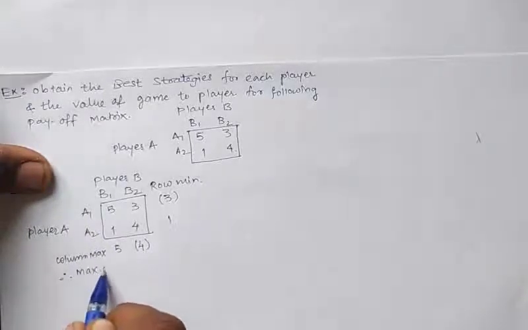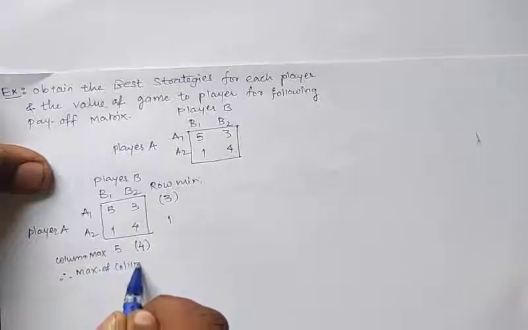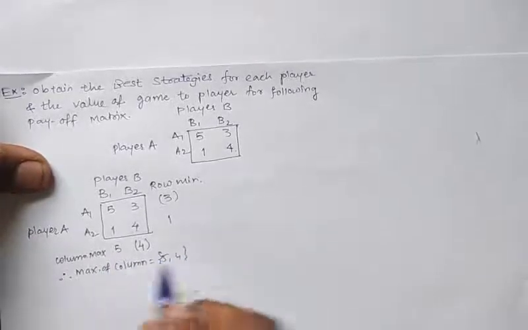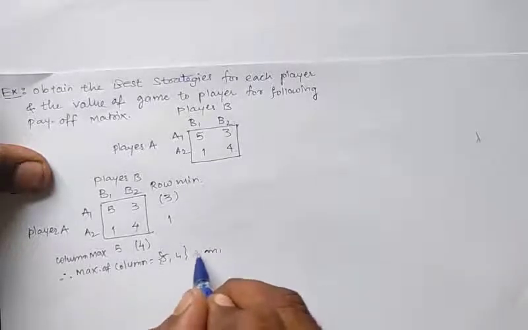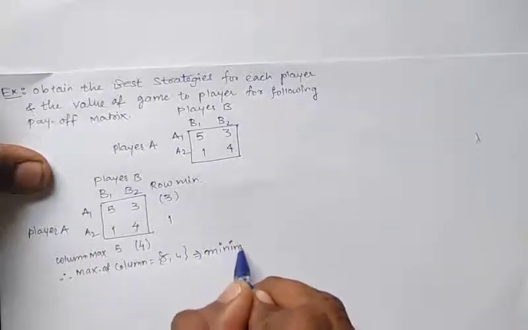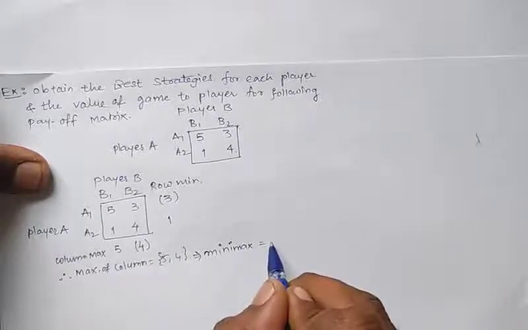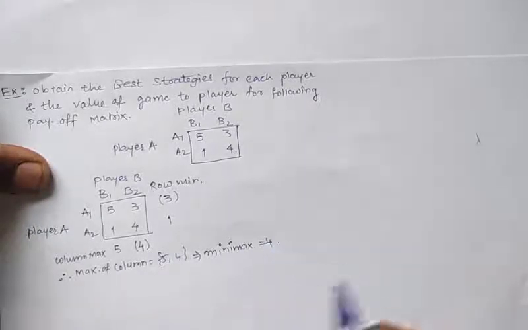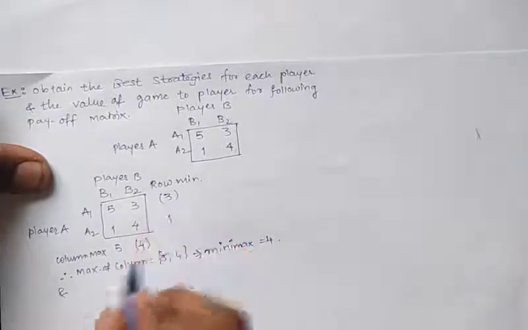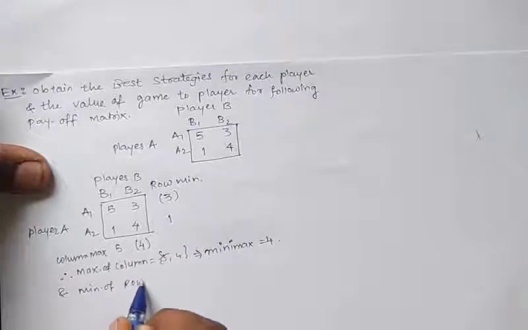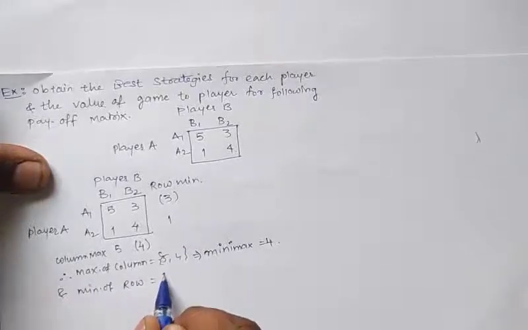The maximum of the columns is 5, 4. Among that, the minimax value, the minimum of those maximum values, is 4. The minimum of the rows is 3, 1.